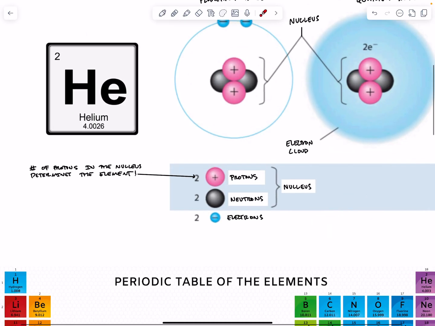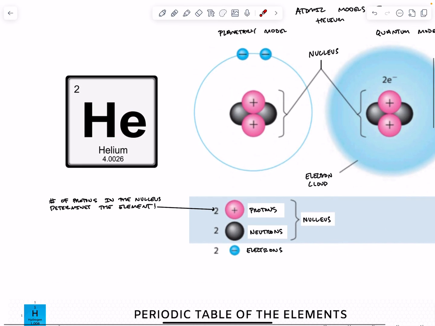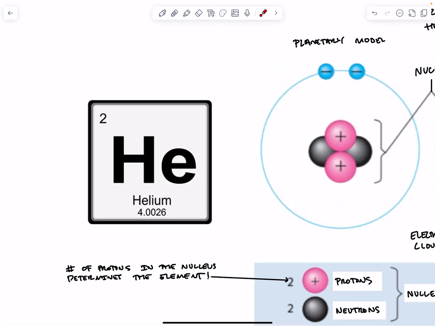Because this element has two protons, we know for a fact that it must be helium. Okay, let's go over to here. This is an abbreviation of helium that we'd see in the periodic table.